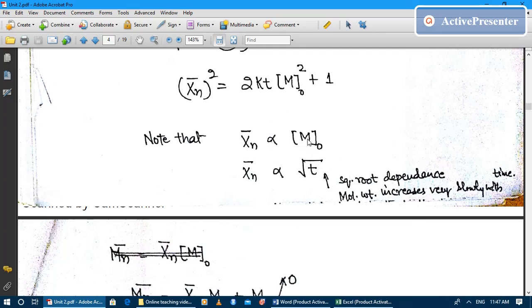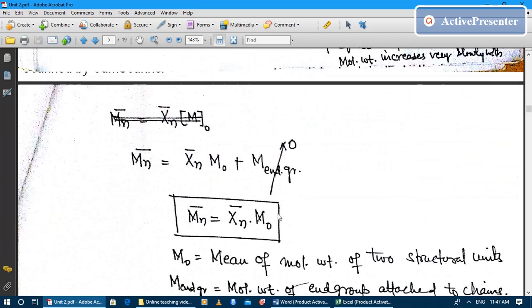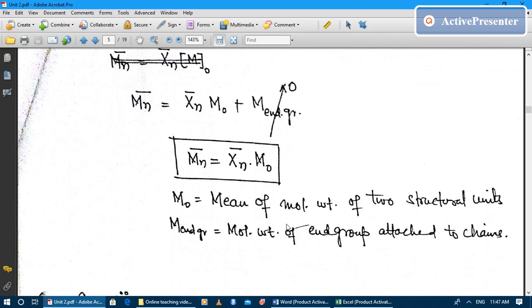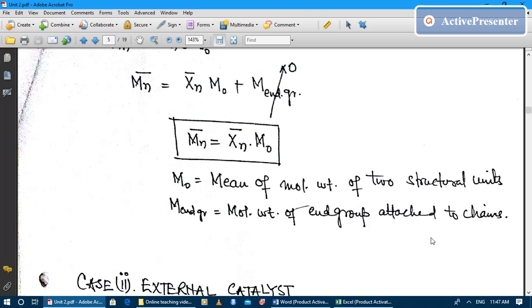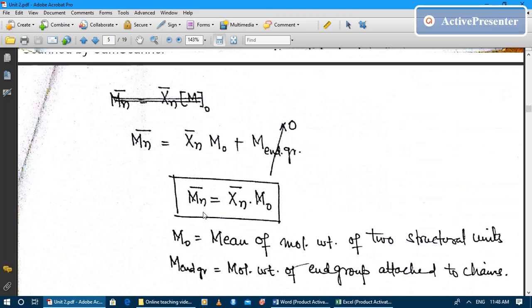So you have to keep in mind that the initial concentration of the monomer M naught and this M naught are different. And M end group is the molecular weight of the end group attached to the end of the polymer chain. So if we know the equation in terms of Xn bar, we can simply convert it in terms of Mn bar.